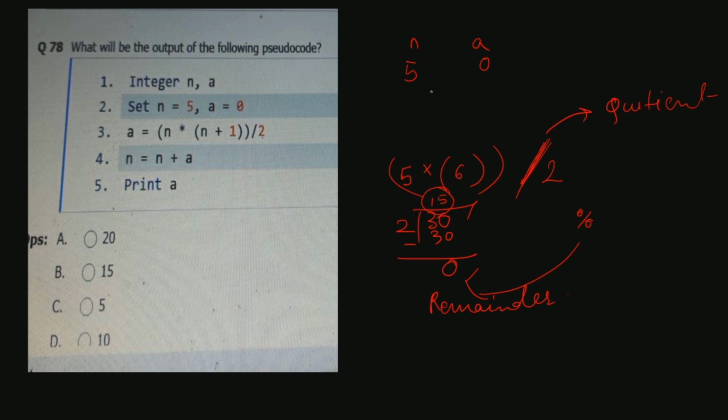So a will become 15 and n equals to n plus a. A is 15, so 15 plus 5 is 20. So the new value of n will become 20, and we have to print a, not n. So the answer will be 15, option B.